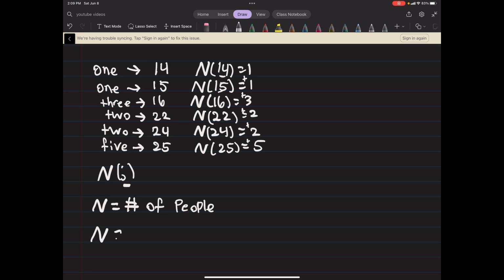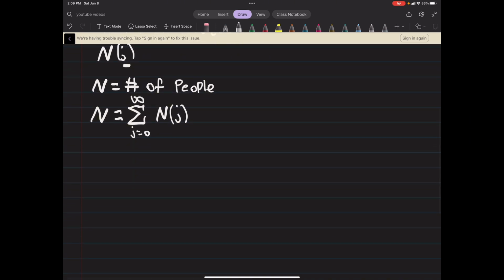So n is going to be a sum over however many j's we have, n sub j. So you add up how many people are 14, 15, 16, 22, 24, 25, and you'll get the total number of people in the room. So that's pretty straightforward. Okay?